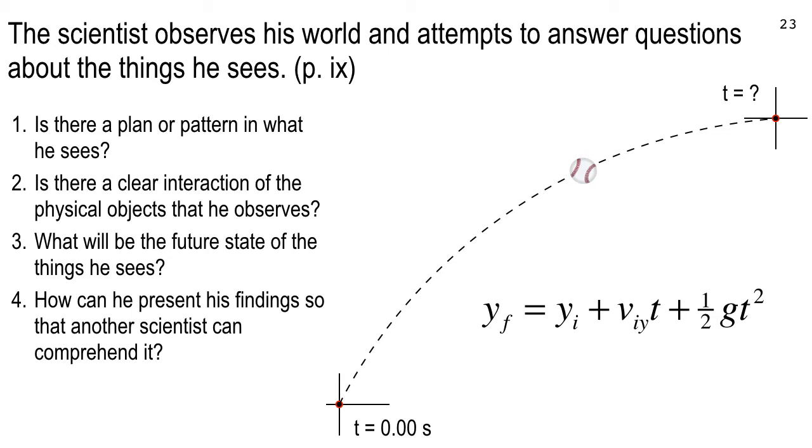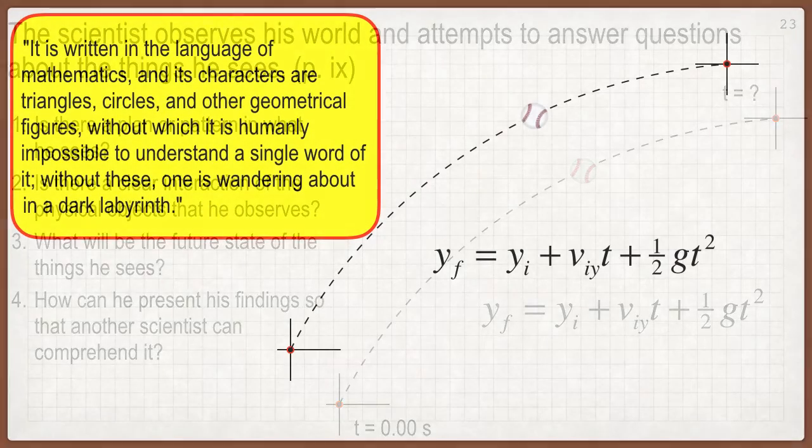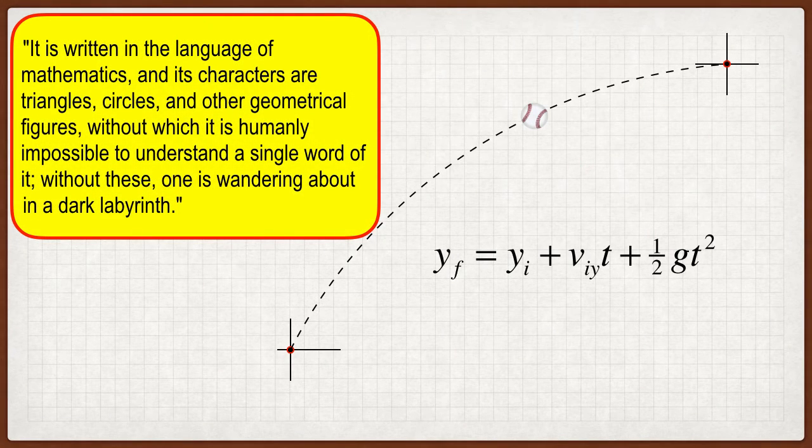And here's what Galileo said about that. This is the second part of this quotation. The book of nature that stands continually open to our gaze, it is written in the language of mathematics, and its characters are triangles, circles, and other geometrical figures, without which it is humanly impossible to understand a single word of this book.